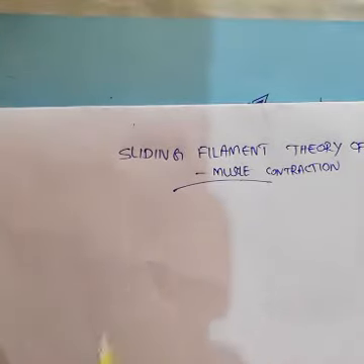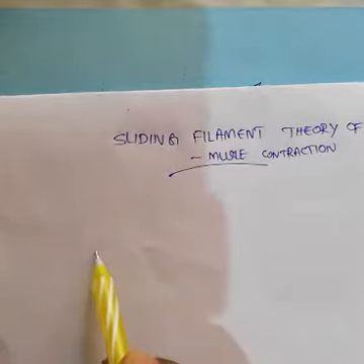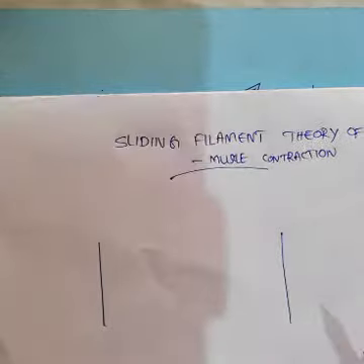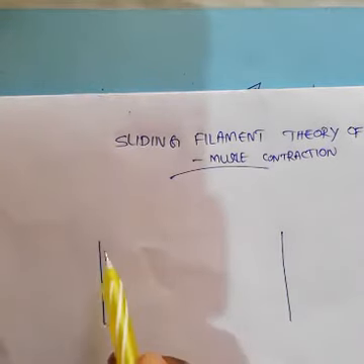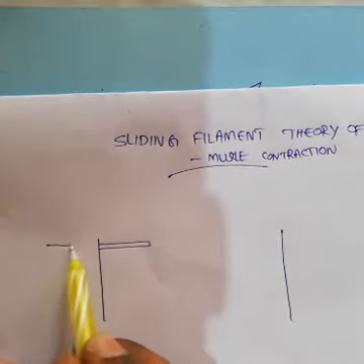We are going to discuss the sliding filament theory of muscle contraction. Here we are taking two lines called Z lines. On both sides of the Z line we can find a structure called actin filament, like this.